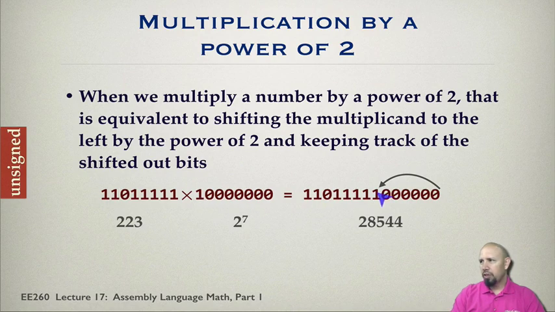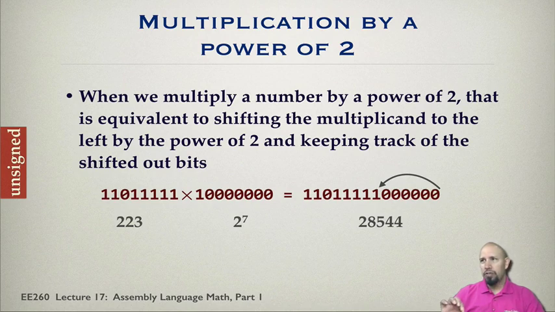Basically that corresponds to adding these zeros back behind this number. So I've shifted them out. So in this case, if this is 2 to the 7, I can shift 7 times and just keep track of each time as I shift the bit that comes out. That's a very simple way of doing a multiplication, is doing a shift.